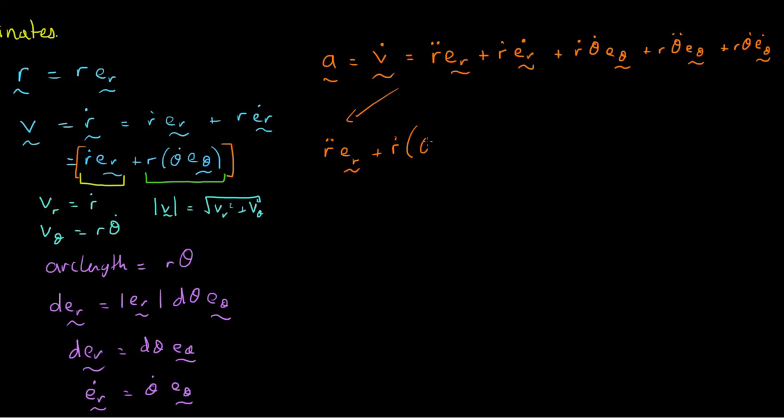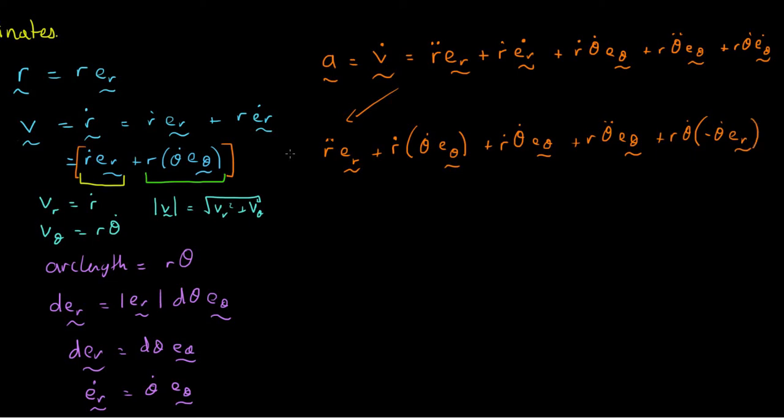Well, that's theta dot e of theta. Move on to the next term, so we have plus r dot theta dot in the theta direction, plus r theta double dot e of theta unit vector plus r theta dot times e of theta dot, well, that was minus theta dot e r vector.